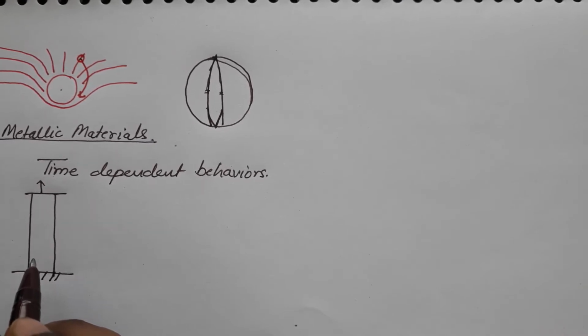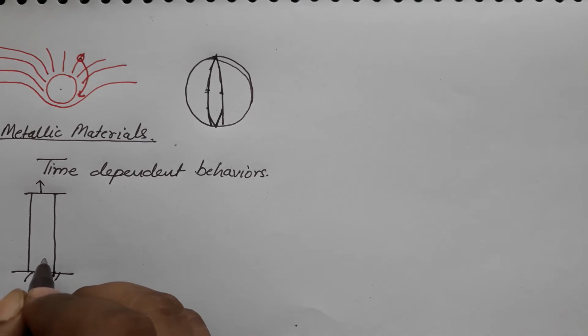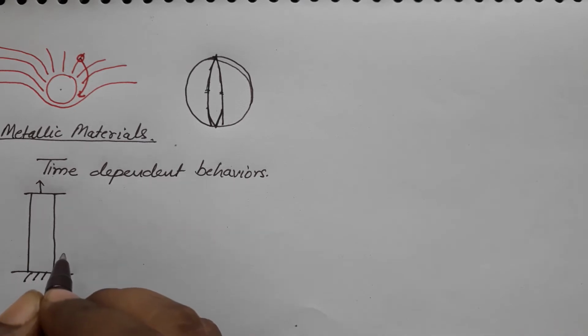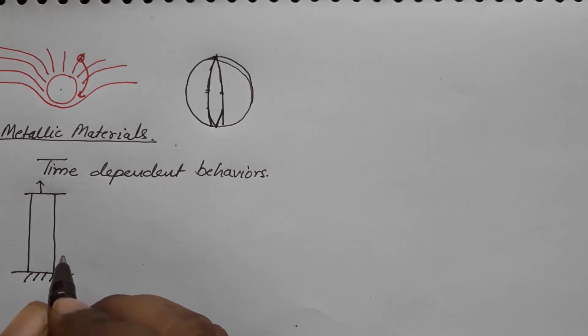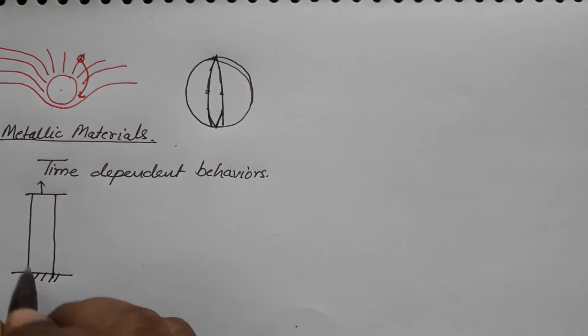But the very core of this deformation is the movement of atoms. So, the atoms are flowing, and you can imagine this deformation in a solid to be the movement of atoms in a very viscous material.